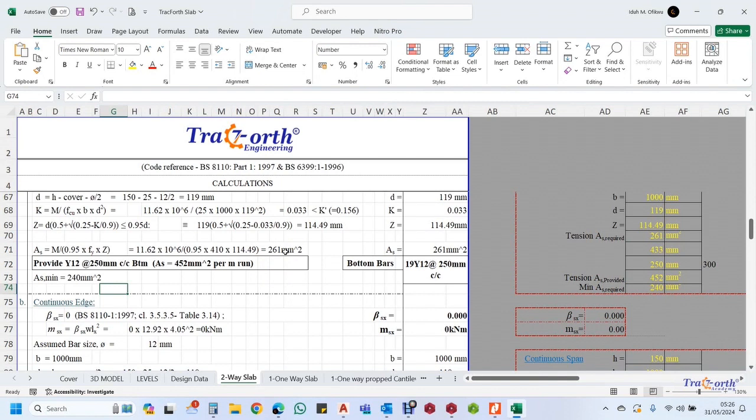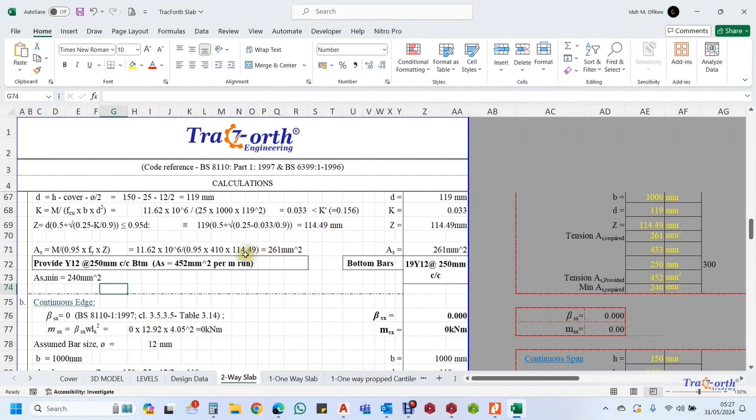For every section, even without application of load, every section generates moment, which is called moment of resistance, which you must counter. And that is why codes provide that there must be a minimum reinforcement.